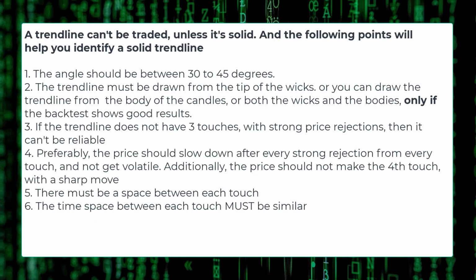So, while it might work on Bitcoin, for example, it will not work on the Ethereum chart. Which means you must backtest this alternative trendline drawing technique on the instrument which you want to trade to determine if it will work or not.